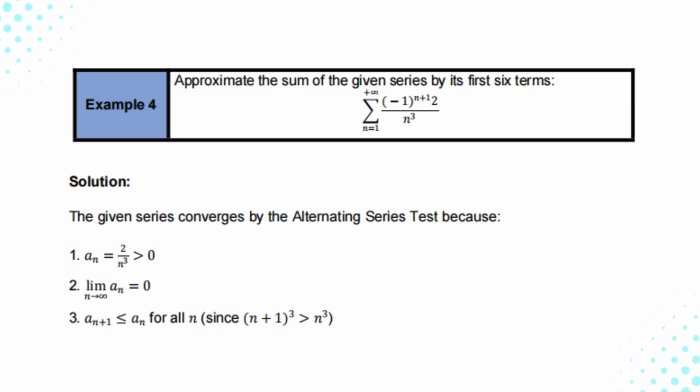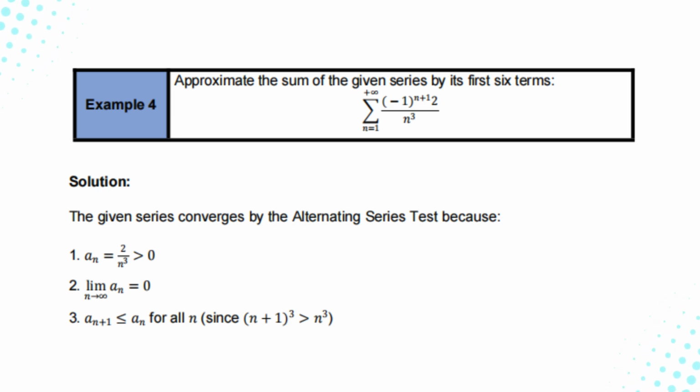We have example number 4. Approximate the sum of the given series by its first 6 terms: the sum of negative 1 raised to n plus 1 times 2 over n cubed, from n equals 1 to positive infinity. So, the solution: the given series converges by the alternating series test because, first, a sub n is equal to 2 over n cubed, which is greater than 0.